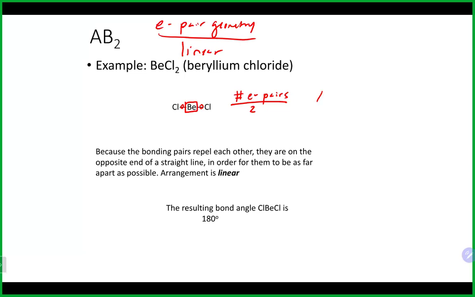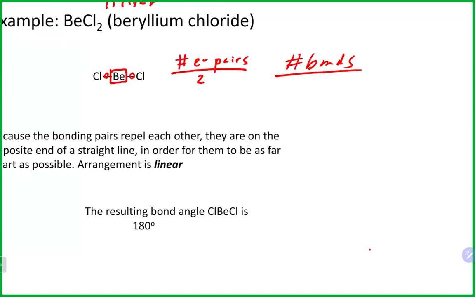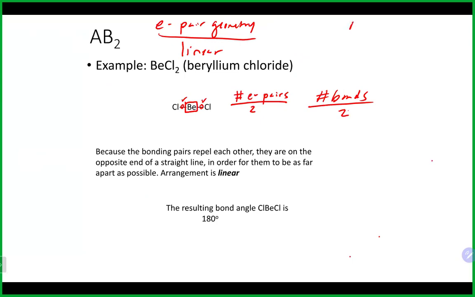The number of bonds that we have here is one bond and two bonds in this case. And something with two electron pairs and two bonds, the molecular geometry, or the MG as I'll call it, this one's the EG, is also going to be linear. The reason the names are the same here is we have bonding electrons.